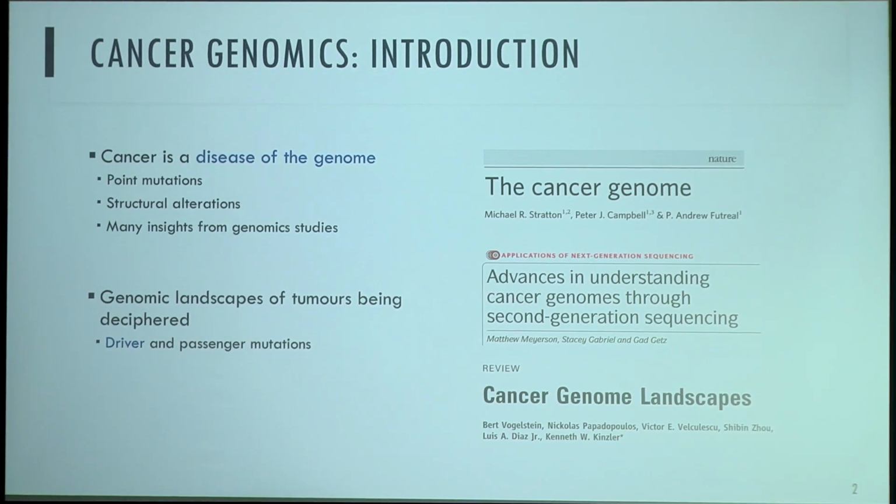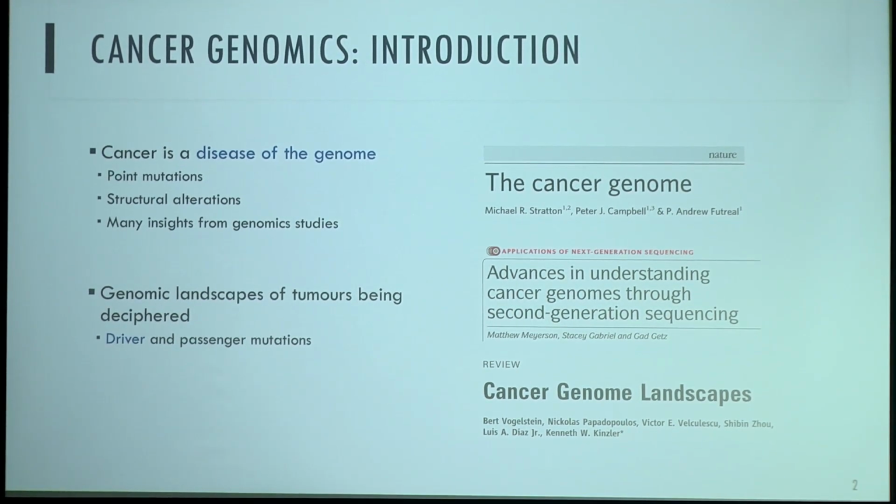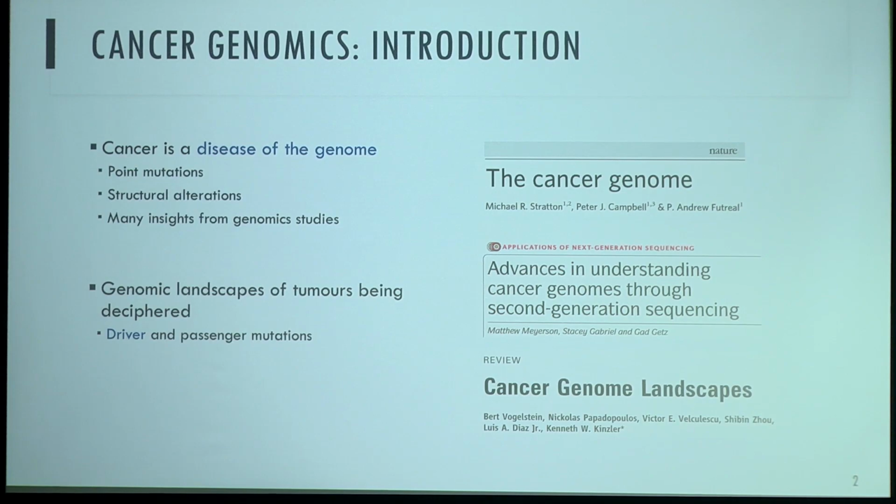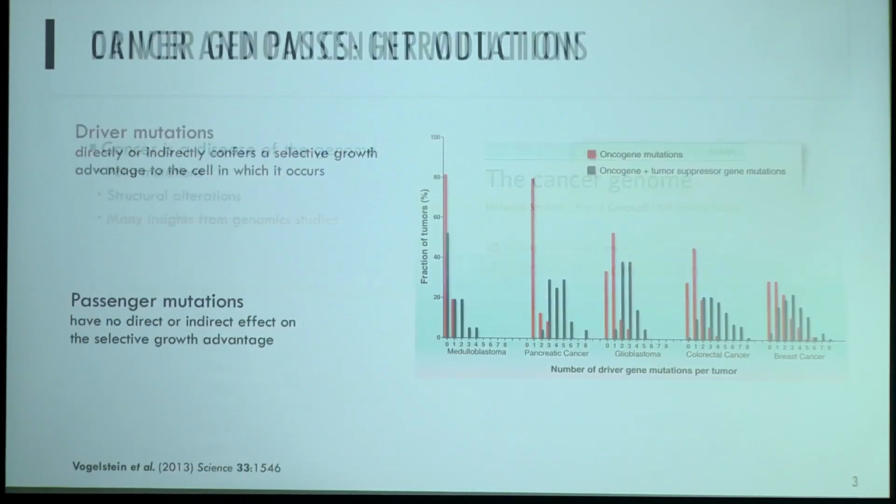And I think there are a litany of genomic studies that have given lots of very interesting insights into the makeup of cancer genomes. And one bunch of studies have focused on what are the driver and passenger mutations in cancer genomes and how one can use the knowledge on these to understand the etiology of cancer.